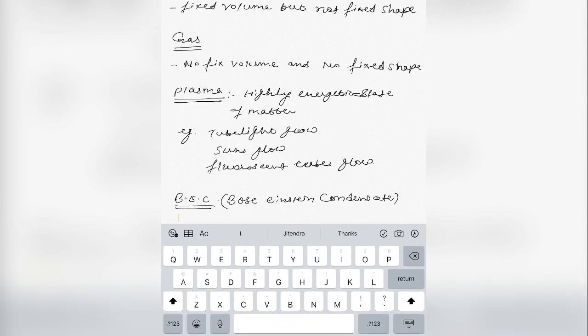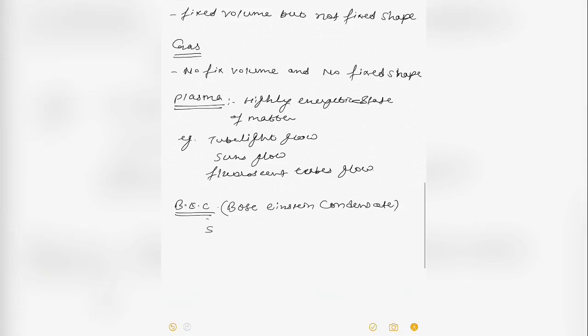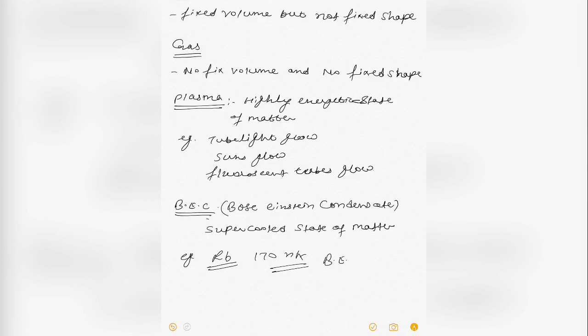This is a highly cooled state of matter, we can say a super cooled state of matter. It is obtained if we cool rubidium to 117 nanokelvin. We can obtain BEC of it.